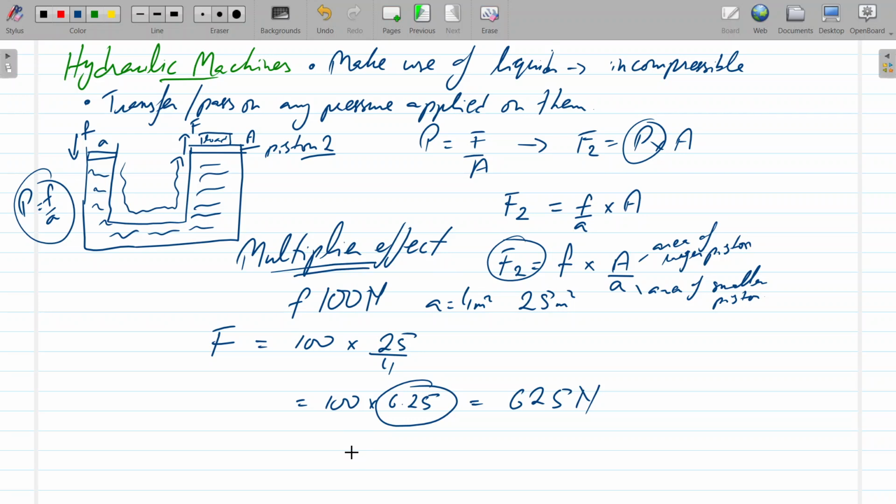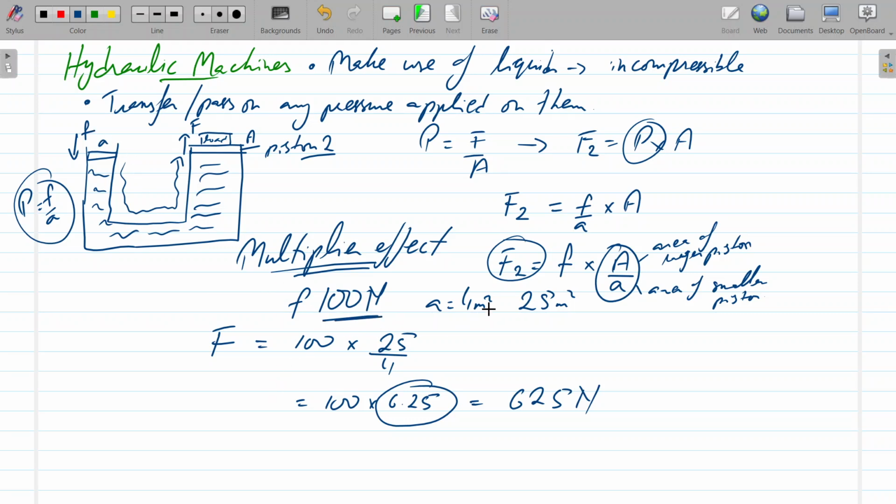The multiplier effect depends on this part, the capital A over the small a, the larger area divided by the smaller area. The larger area is the area for piston 2, the smaller area is the area for piston 1. Piston 1 is the one that you are applying force to. Piston 2 is the one that is lifting the load. The force you are applying at piston 1 is 100 newton.